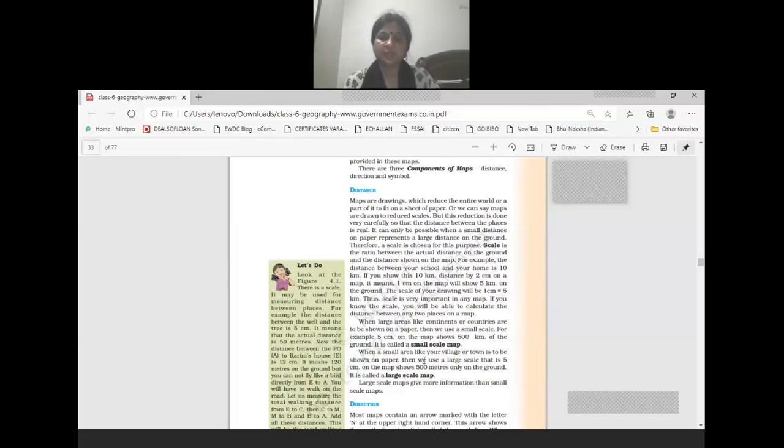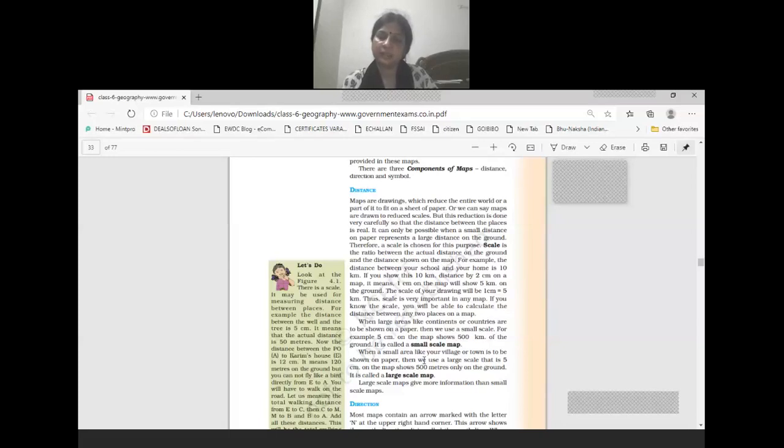Then we use a small scale, because a large area is shown in the map. So we have to use a small scale. We can't use a large scale. In such maps, for example, we have to show 500 kilometers in 5 centimeters, or 1,000 kilometers in 5 centimeters. So these are small scale maps.